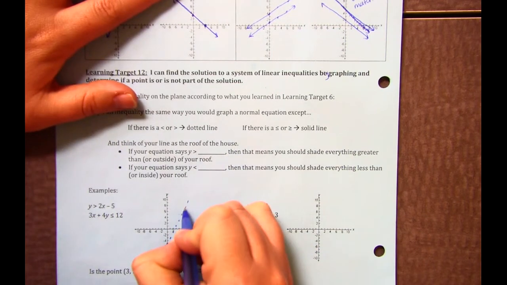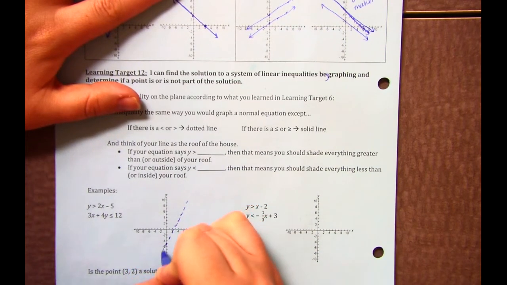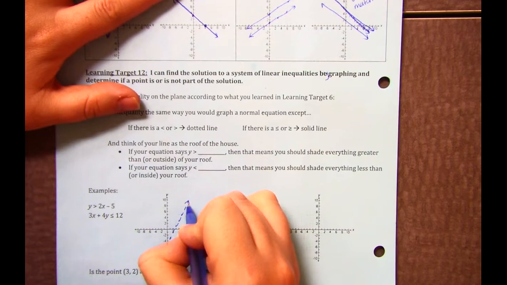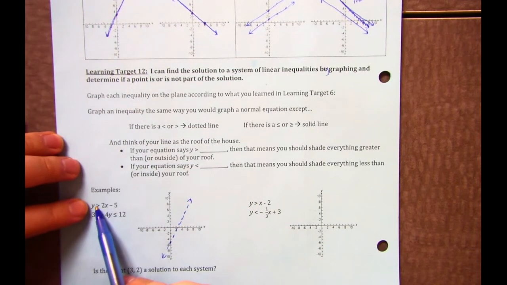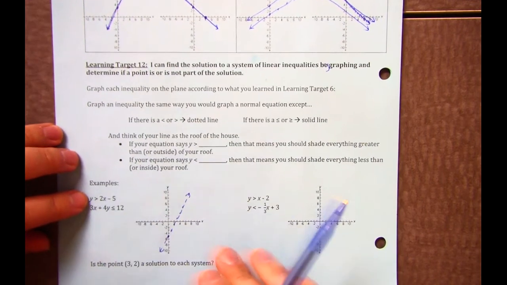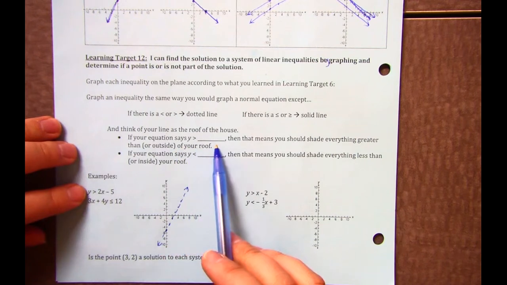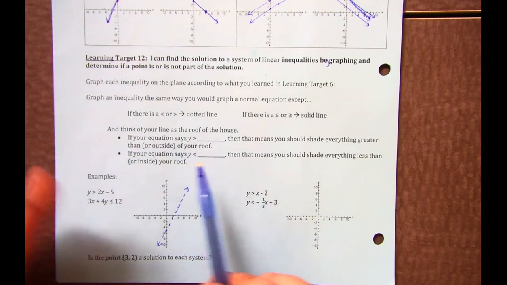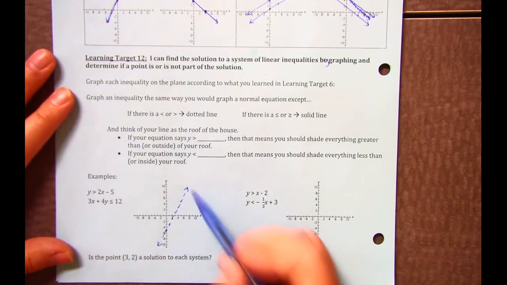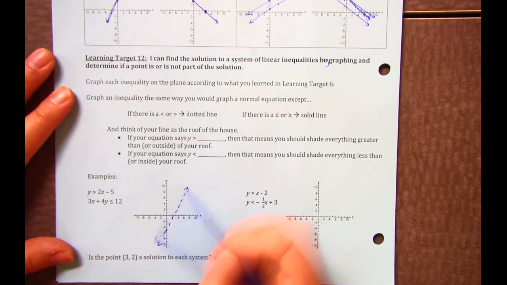So I'm going to make a dotted line right there. And if it's greater than, which is what this is, y is greater than, that means I'm going to shade everything greater than my line or outside of my roof. If this is the roof of my house, I'm going to shade everything greater than that. So everything out here.